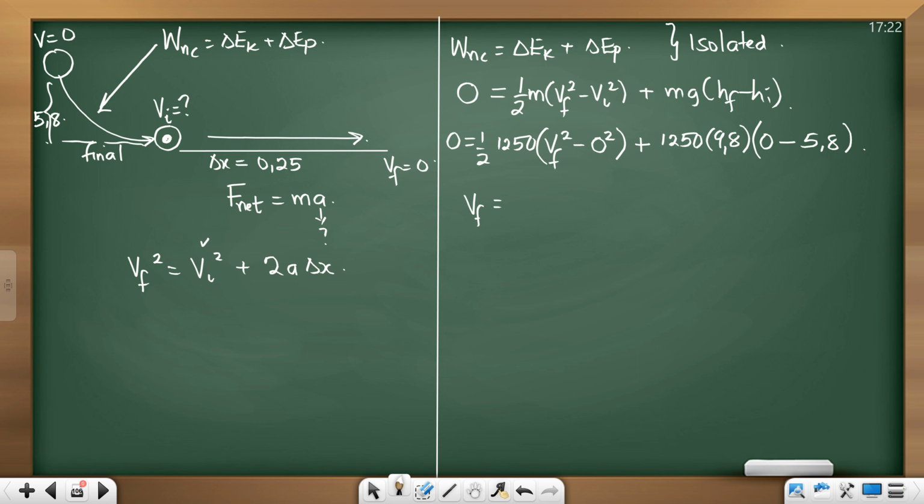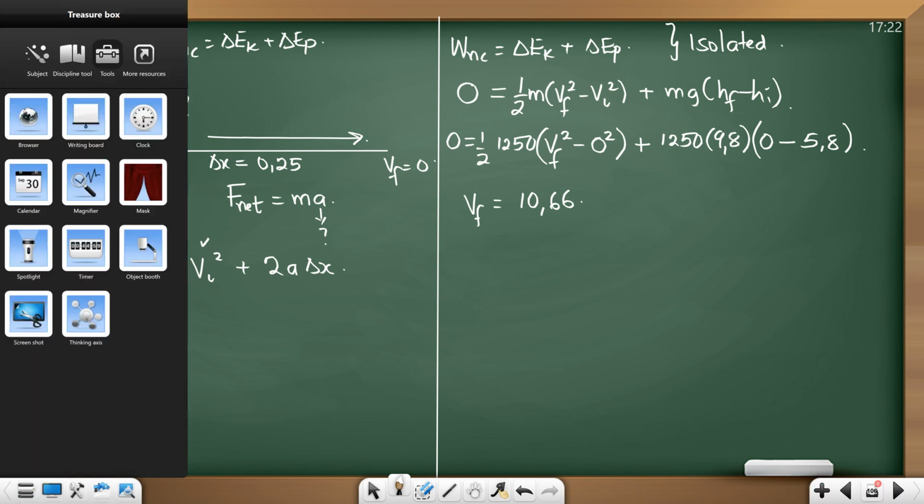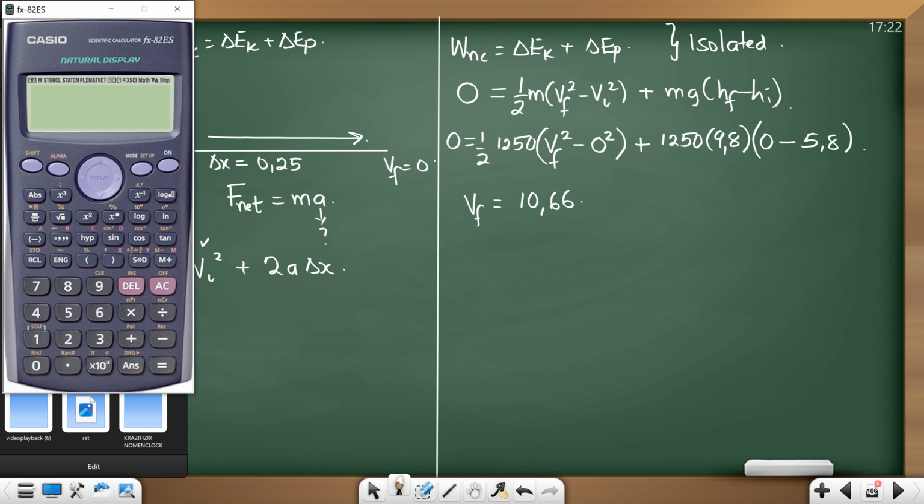Okay, 10.66, that's what you guys are giving me. I hope everybody knows how to get that value. But let me confirm. I've got trust issues, you know me. So I'll say 1250 multiplied by 9.8 multiplied by 5.8, because I'm moving it over, it's going to be a negative there.